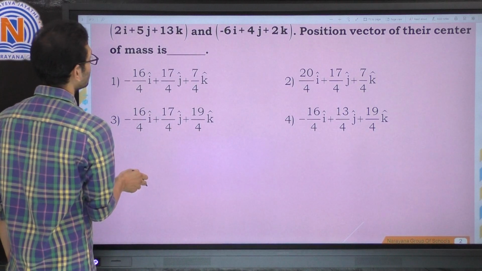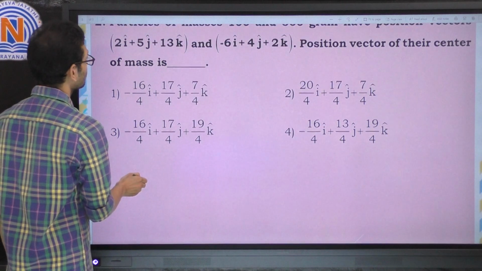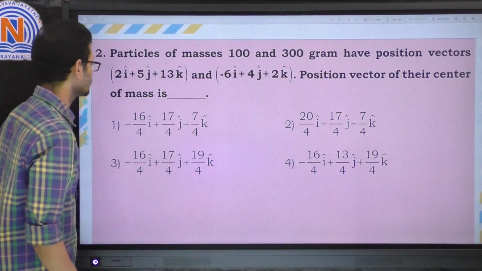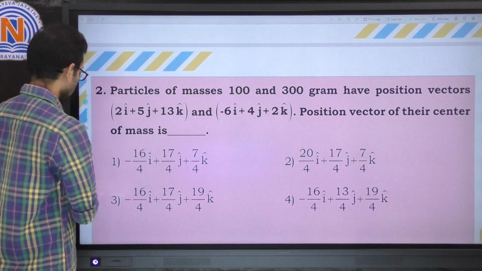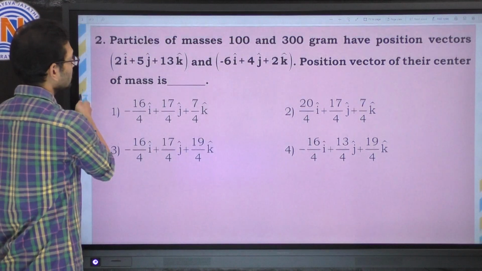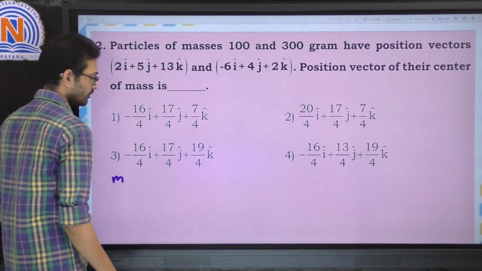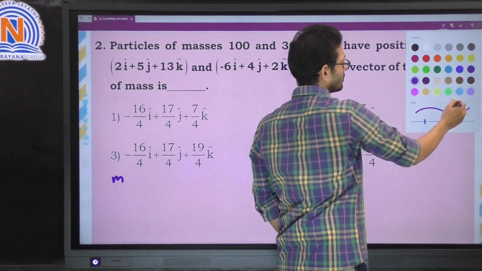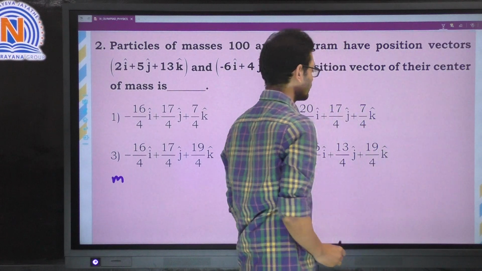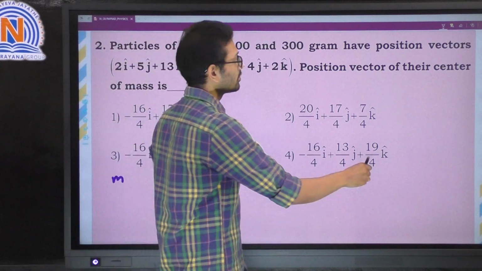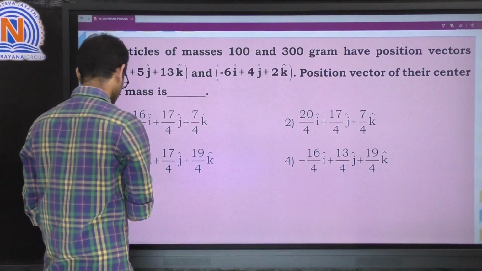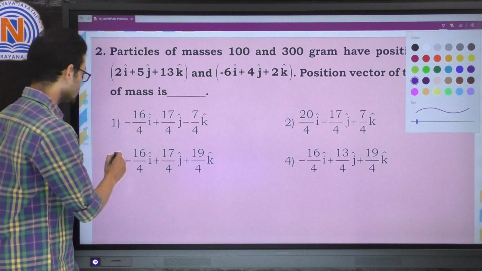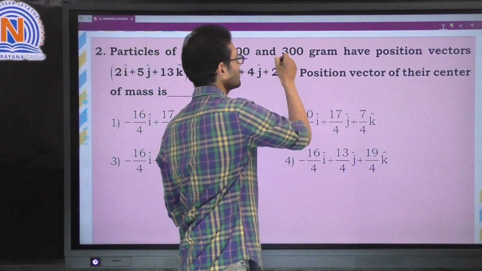Here m1 is given as 100 and m2 is given as 300.